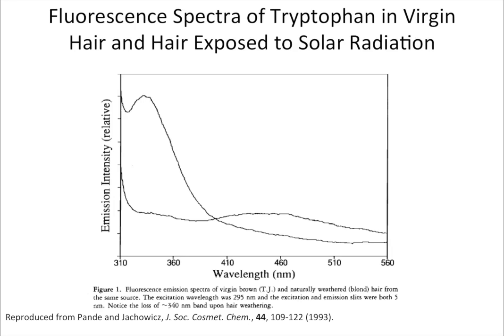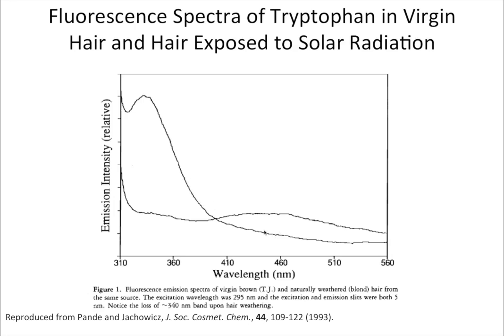So when we say degradation product, we mean, okay, if we take tryptophan and expose it to UV light for an extended period of time, we're going to form kynurenine. Tryptophan is going to be damaged and degraded, and we're going to have the formation of kynurenine. And that's what you see on this plot.